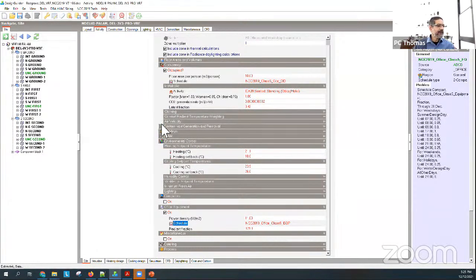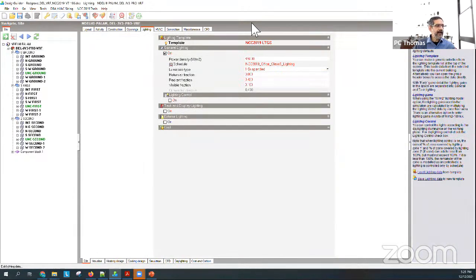And if you remember, the third one was lighting. So if you go to the lighting tab, you can set up your lighting requirement. And in this case, I've got 4.5 watts per meter squared. This is my lighting power density. This is ECBC super value. Okay.